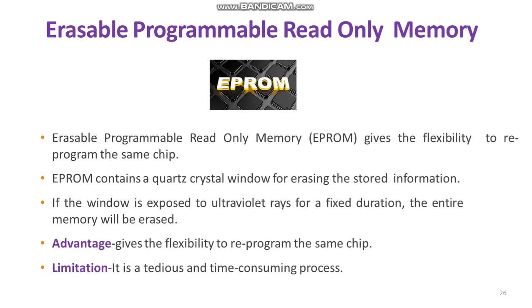EPROM contains a quartz crystal window for erasing the stored information. An EPROM is a special type of PROM that can be erased by exposing the window to ultraviolet rays for some duration. The advantage is that it gives the flexibility to reprogram the same chip, and the limitation is that it is a tedious and time consuming process.